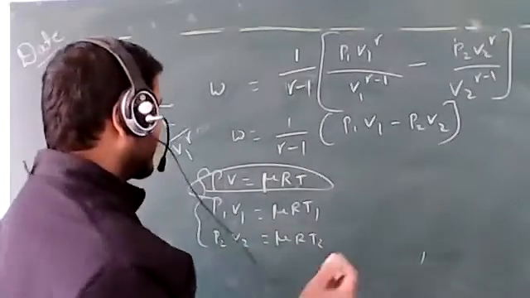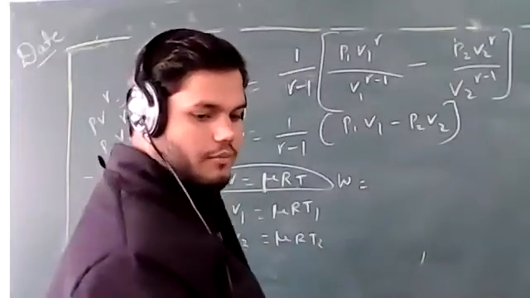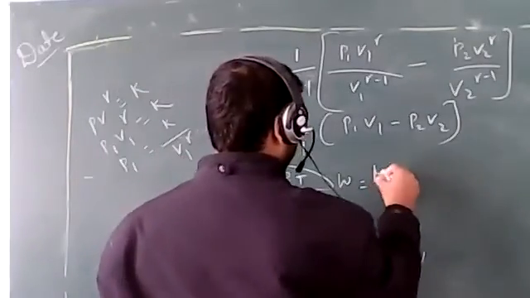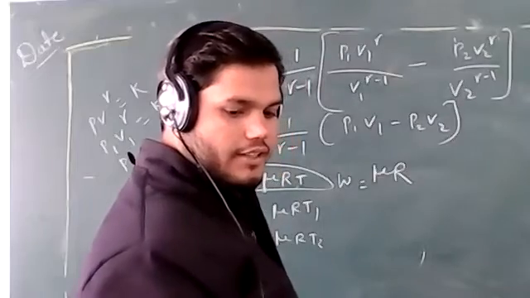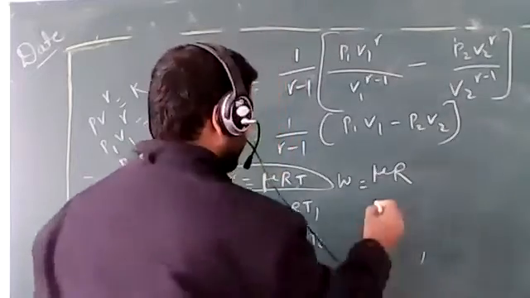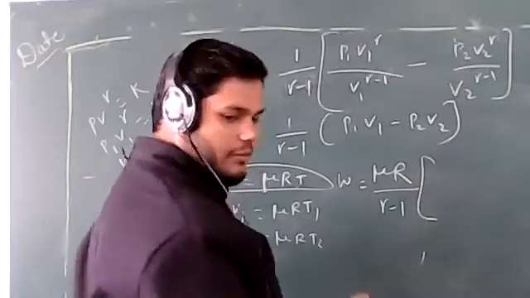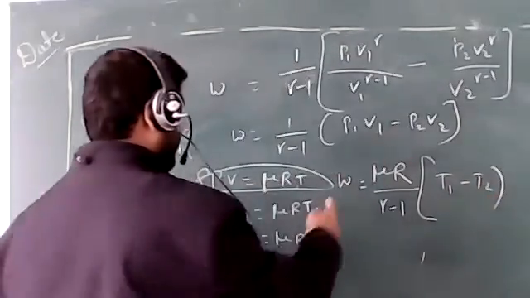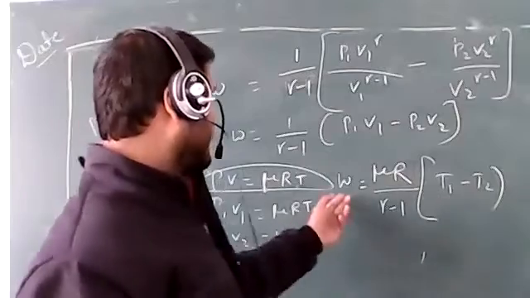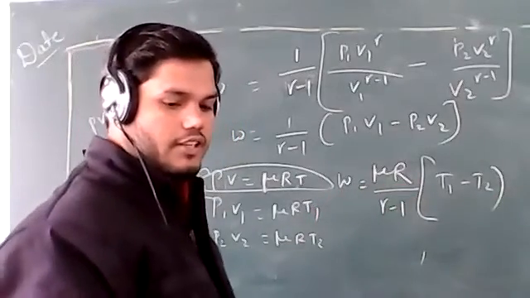So you just put it here, then what will happen? W will be mu R divided by gamma minus 1, T1 minus T2. Then we will get W equal to mu R divided by gamma minus 1, T1 minus T2, okay.